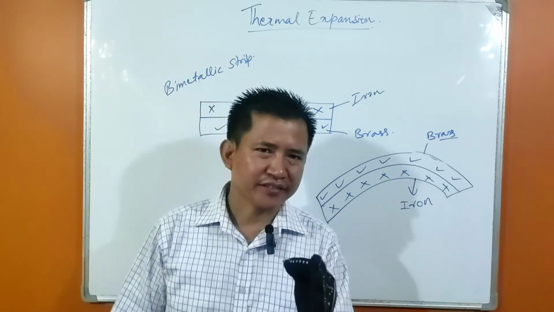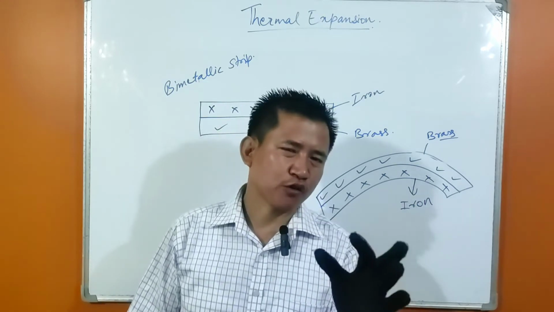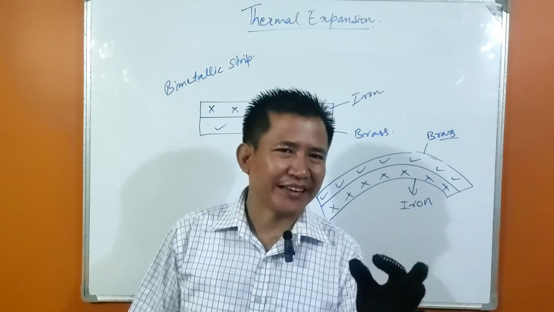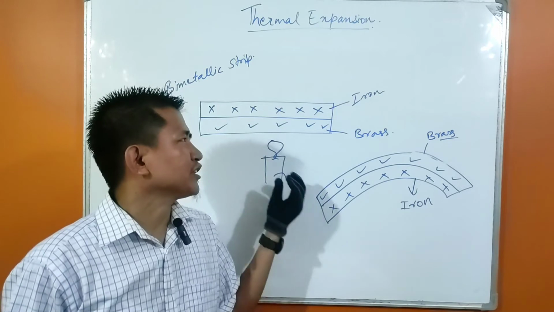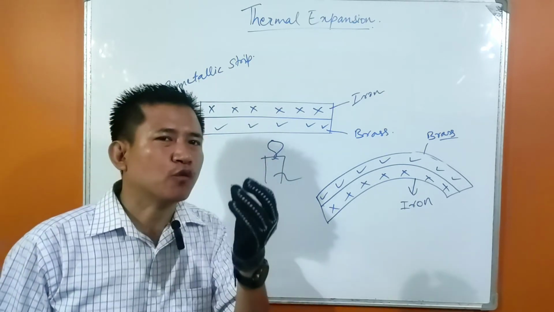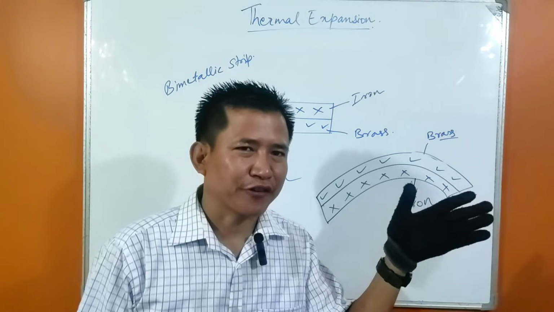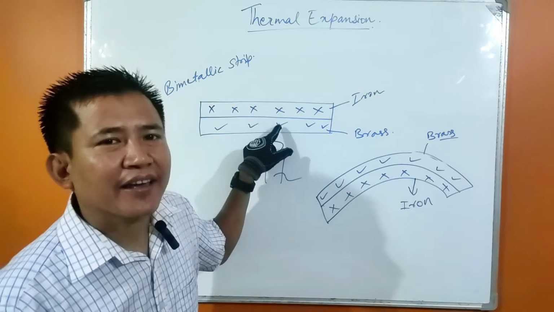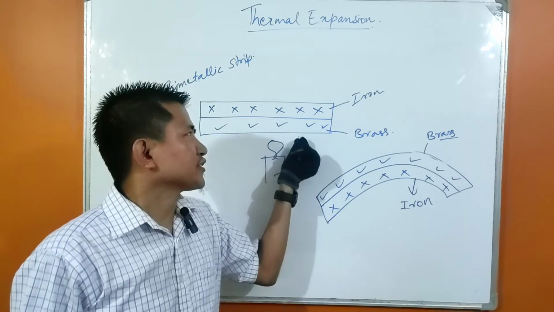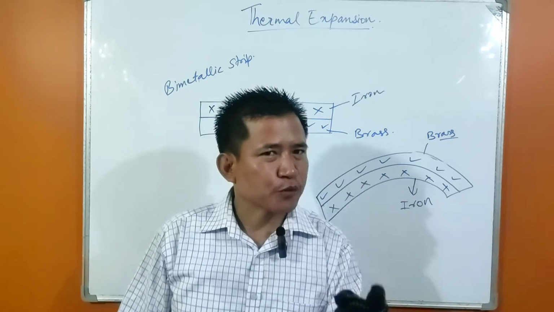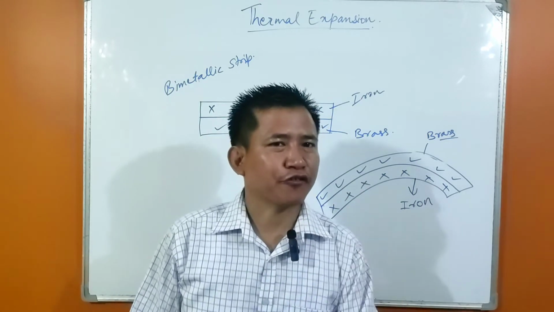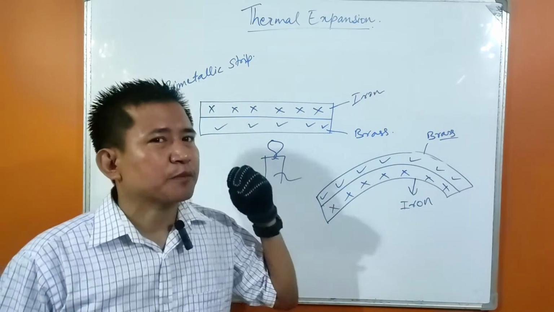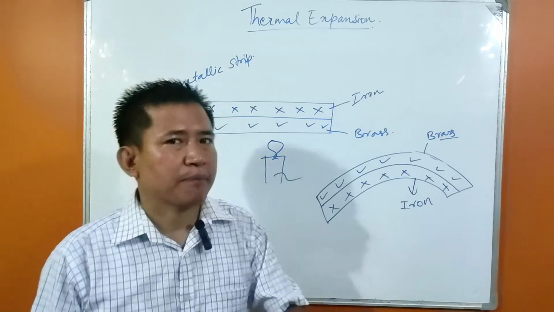The first question is, if all the metals expanded equally on heating, then this bimetallic strip, when heated equally, would have remained straight as before, isn't it? Because an equal amount of heat is given to both metals, iron and brass. If they expanded equally, the strip would remain straight.